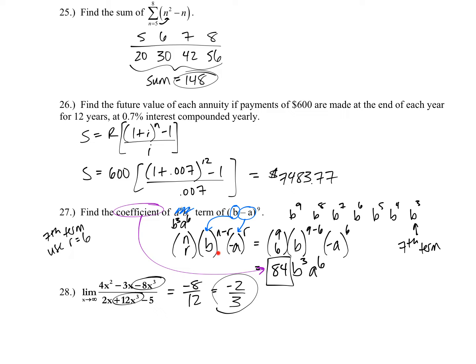And then you take b to the n minus r, and it's b because that's the first thing in the binomial. So b to the n minus r happens to be b to the 3rd, but hey, I already knew that. b to the 3rd was in the answer. And then negative a to the 6th. So be careful, whatever sign the second thing has gets plugged in for the second parentheses in this formula. If this is a negative sign, then keep it negative, and that means it's negative a to the r, where r is 6, so that goes here.